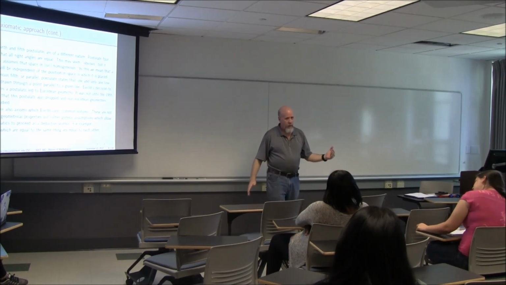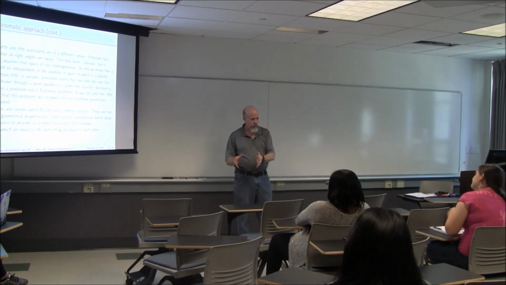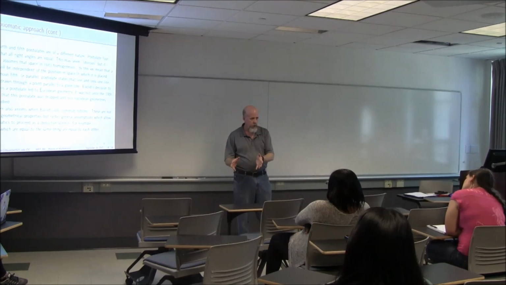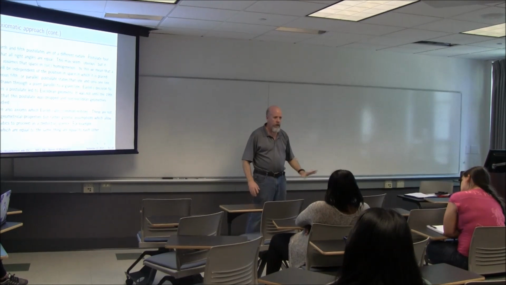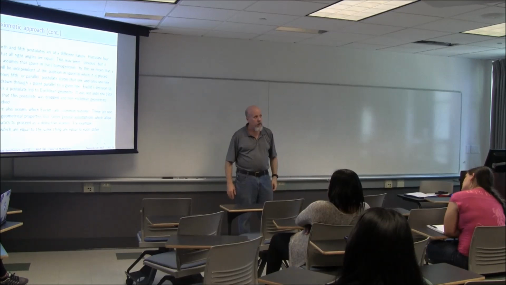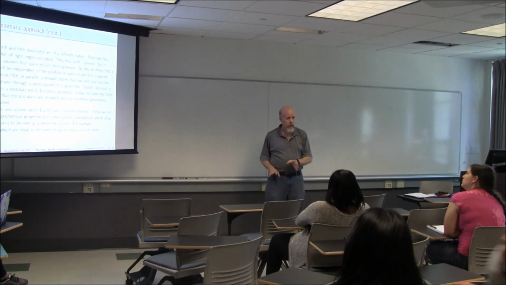In physics, they make this assumption all the time, that the rules of physics, the laws, don't change. If you're here on Earth, E equals mc squared. If you're out at Alpha Centauri, you still have E equals mc squared there too, right? There's no variation in the laws from one place to another, and also from one time to another.